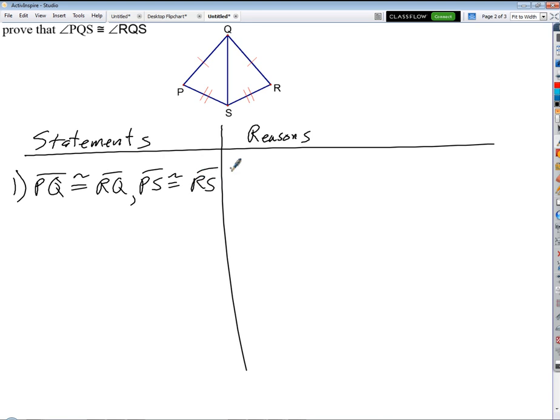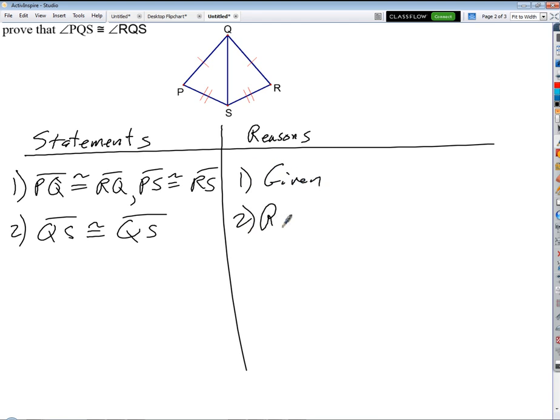Okay, we made the statement that segment QS is congruent to itself because it's being used in two triangles, right? And this was all just given. This was the reflexive property of congruence.